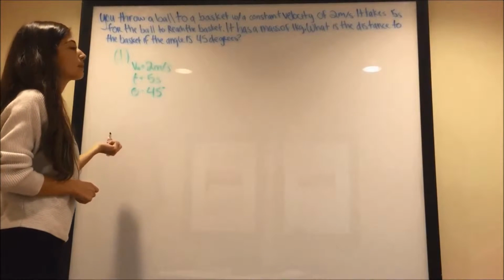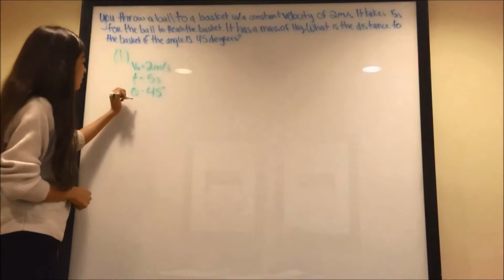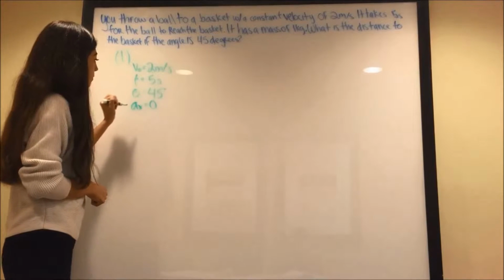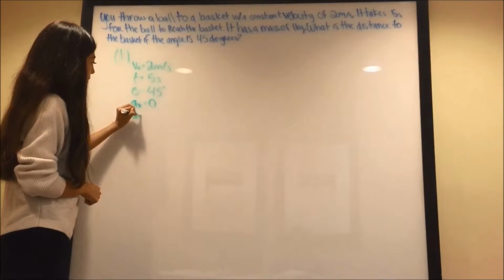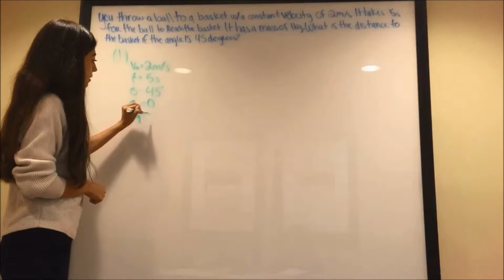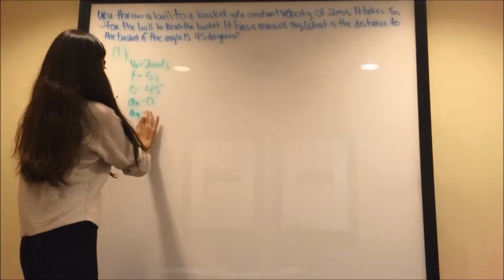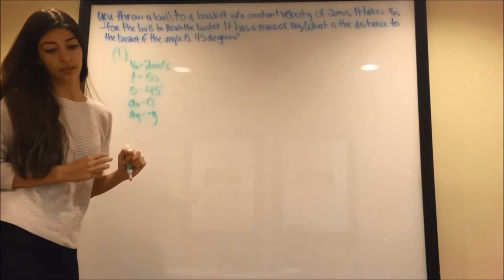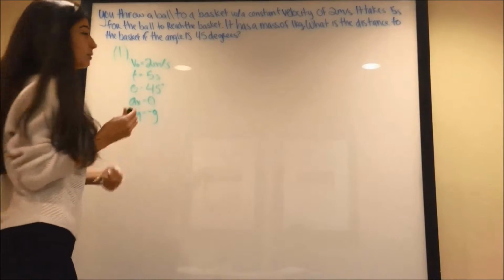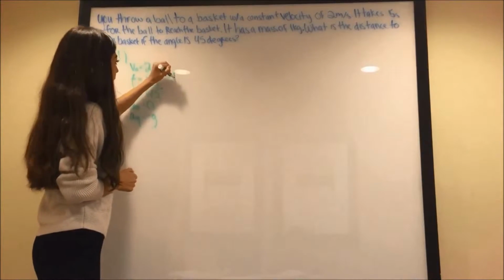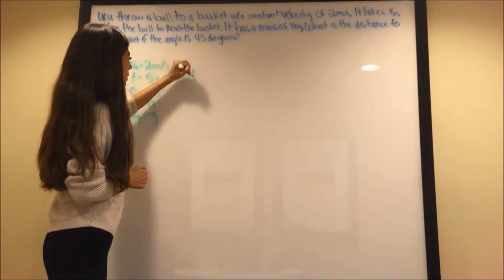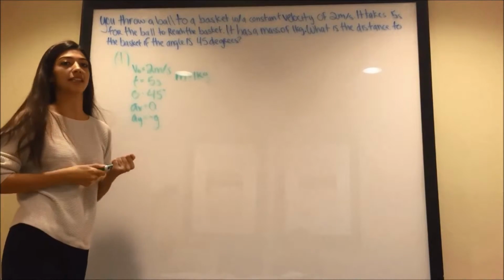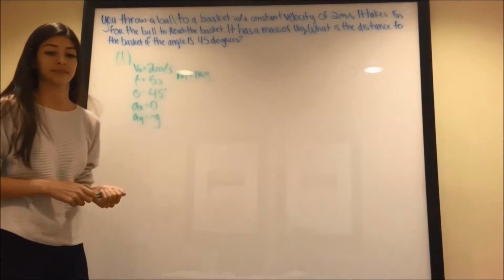We know that because velocity is constant, acceleration in the x direction is 0, and the acceleration in the y direction is going to equal negative g. Oh, and we also know that the mass is 1 kilogram. So our goal for this problem is to find the distance it takes for the ball to reach the basket.